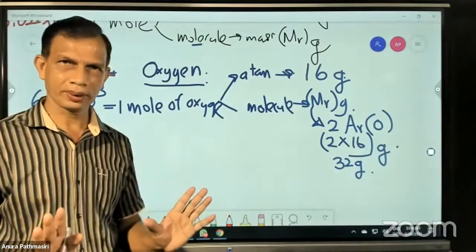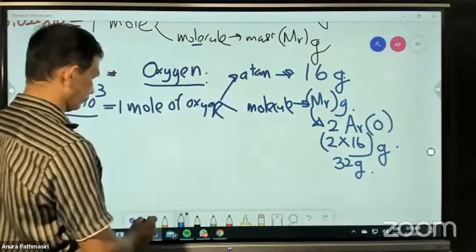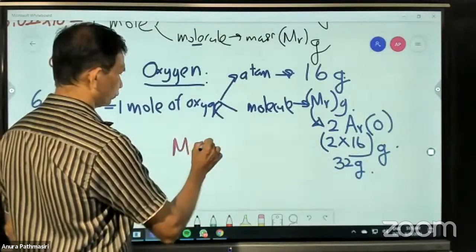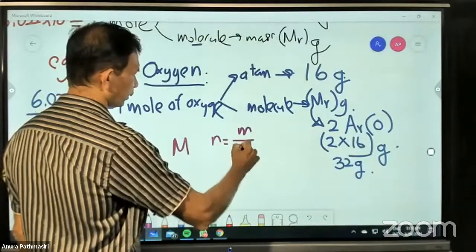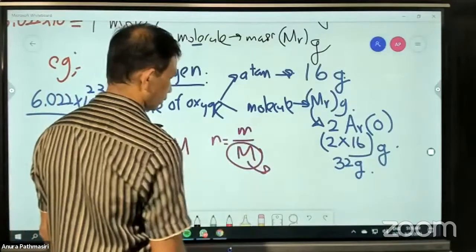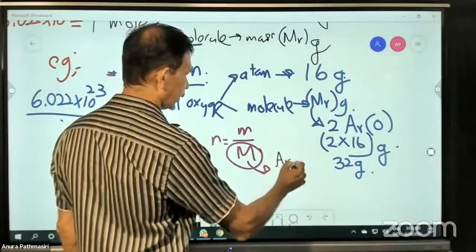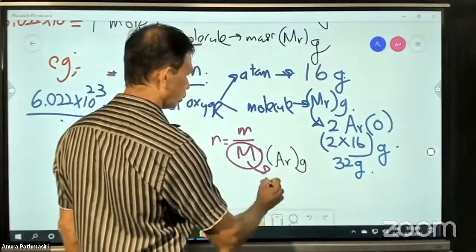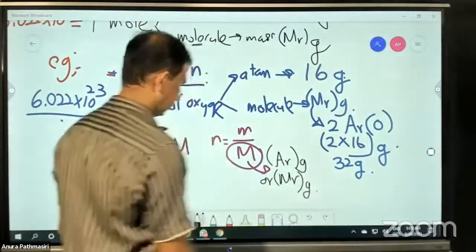Then the capital M, of n equal to small m over capital M, is referred as MR or AR in gram.